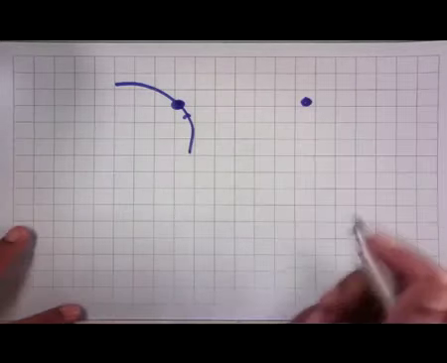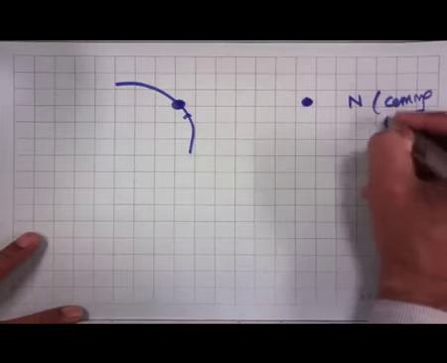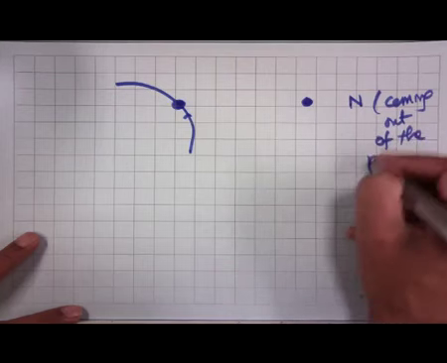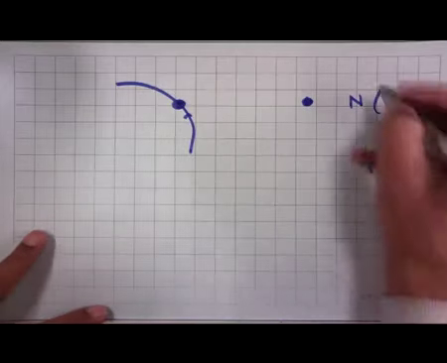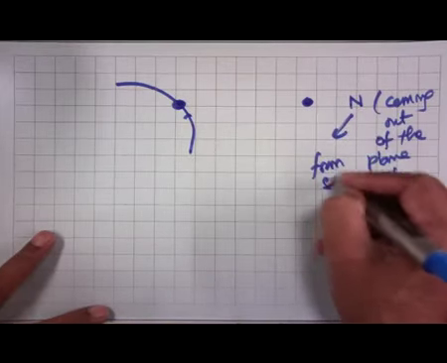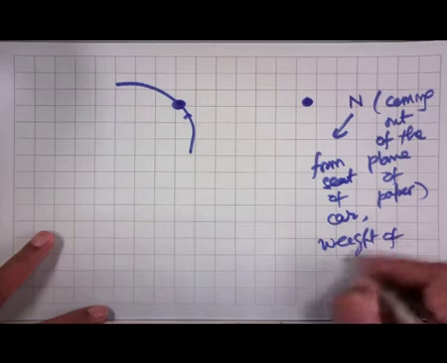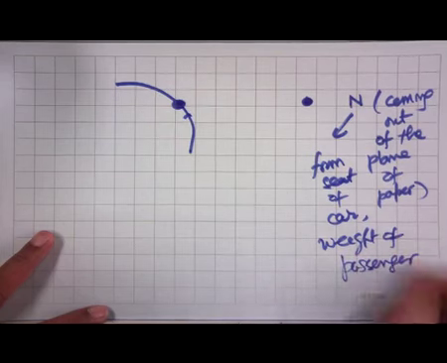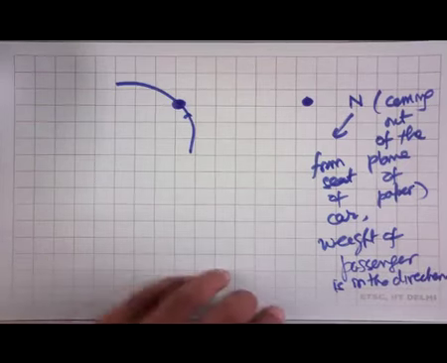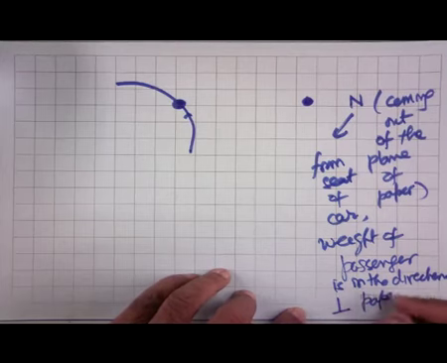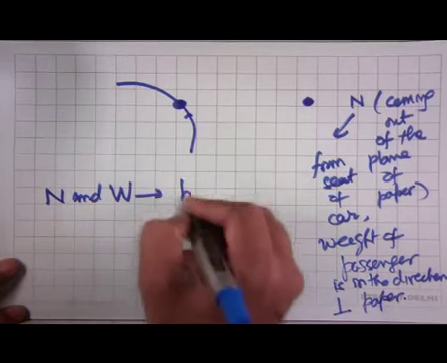Now, what we find is that there is a normal reaction which is coming out of the plane of the paper. The passenger is sitting down, a normal reaction, this is from the seat of the car. The weight of the passenger is in the direction perpendicular to the paper, and normal reaction and weight, they balance each other.